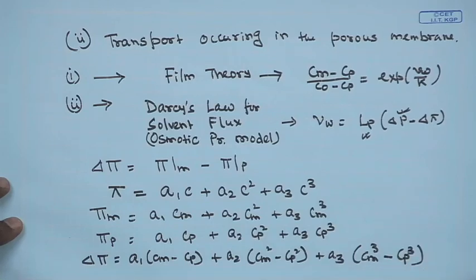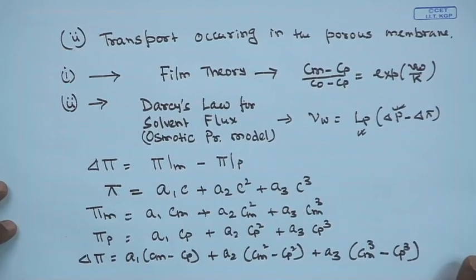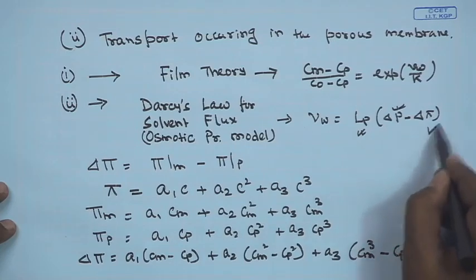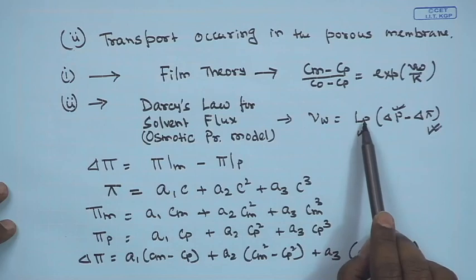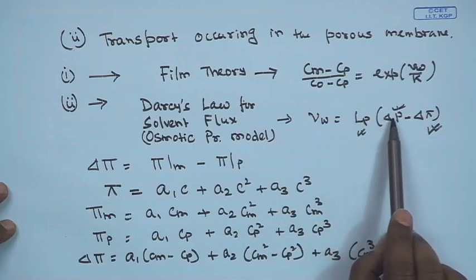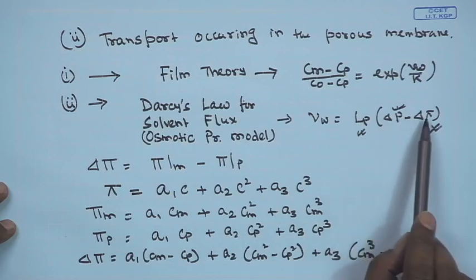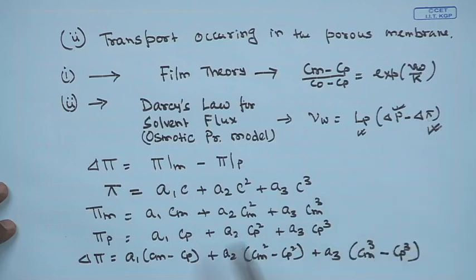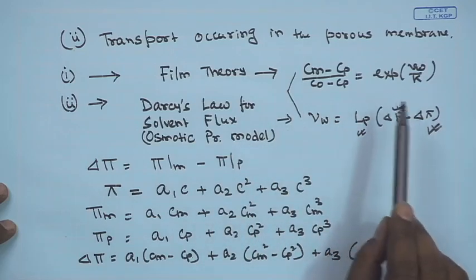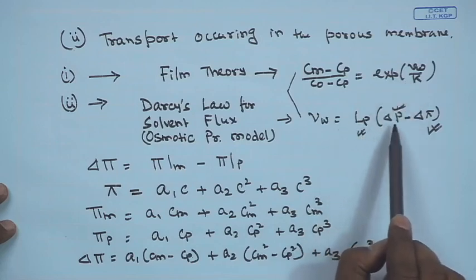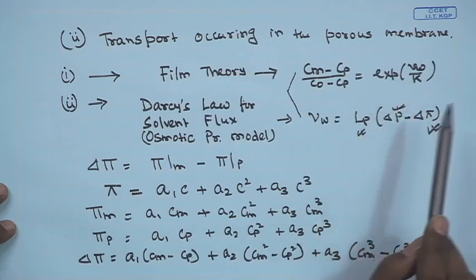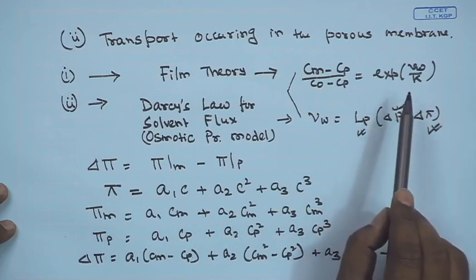Now, if you look at the second equation, the Darcy's law or osmotic pressure model, we have a constant value of Lp, we have the operating pressure delta p, and delta pi, the osmotic pressure difference, is expressed in terms of Cm and Cp. So, you have two governing equations: one for solute flux in the mass transfer boundary layer, another for the solvent flux through the membrane. How many unknowns do we have?